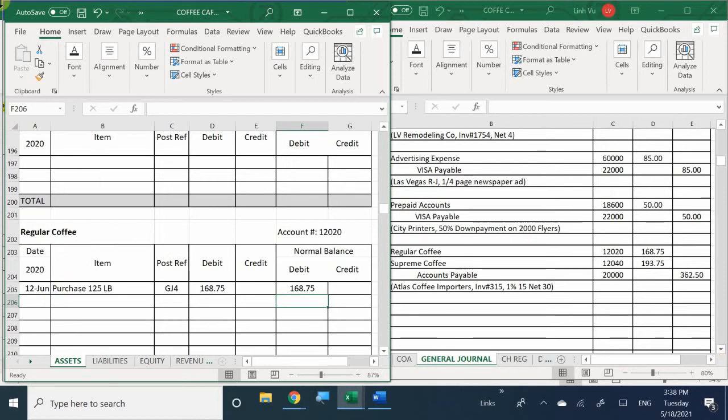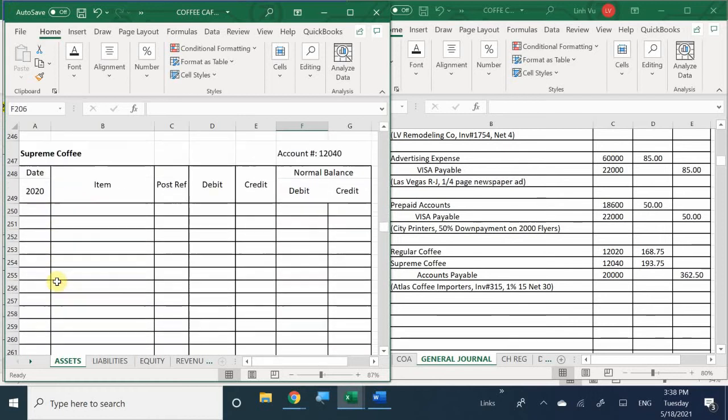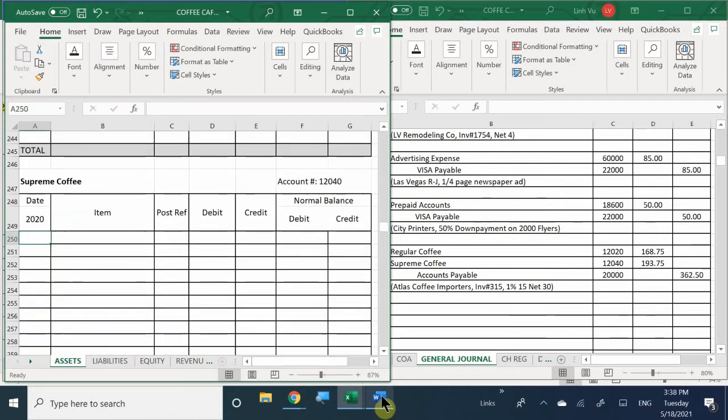Now we're going to do the same thing down here because we also have to include our Supreme coffee. So it is 612. Same thing here. I purchased 125 pounds at $1.55.